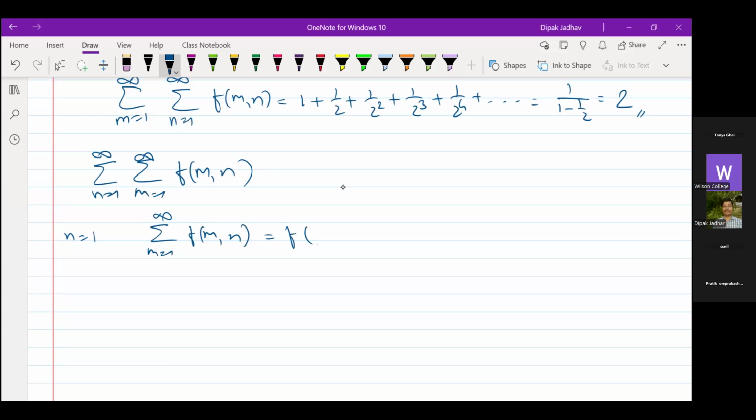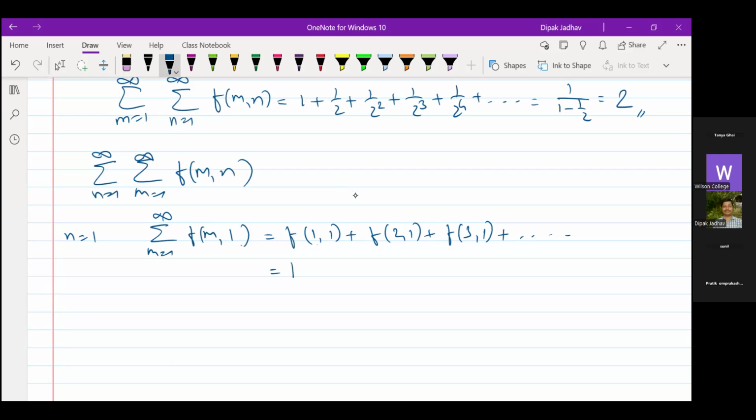Very difficult to say anything about this. Let's expand. N is 1, fixed. So let me substitute n equal to 1. So this is f of 1 comma 1 plus f of 2 comma 1 plus f of 3 comma 1 plus and so on.